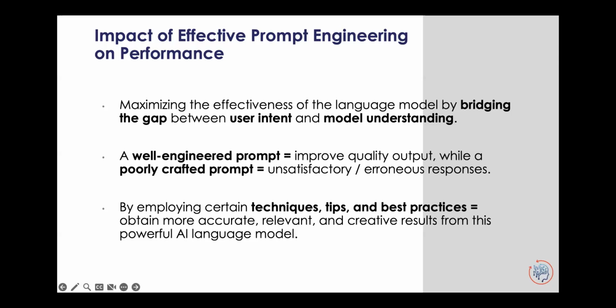However, a poorly crafted one, well, it's going to give you an unsatisfactory, erroneous response. So it's actually not the AI's fault when you don't get the result that you want. Mostly, it's the way you worded it or the way the prompt is done. And by employing certain techniques, tips, and best practices, you can actually get more accurate, relevant, and creative results from the AI model.